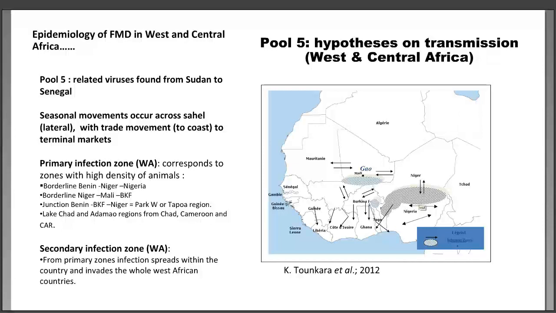A huge population of animals moves from places like Benin and Niger, and they all end up in Nigeria, and you have border countries like Nigeria and Mali to Burkina Faso.